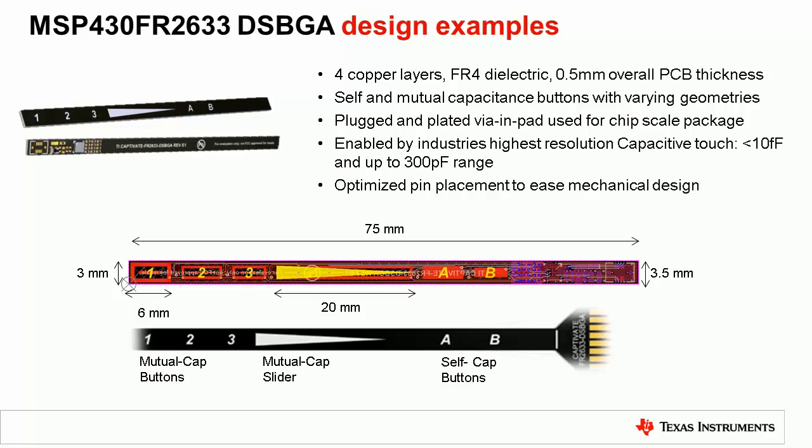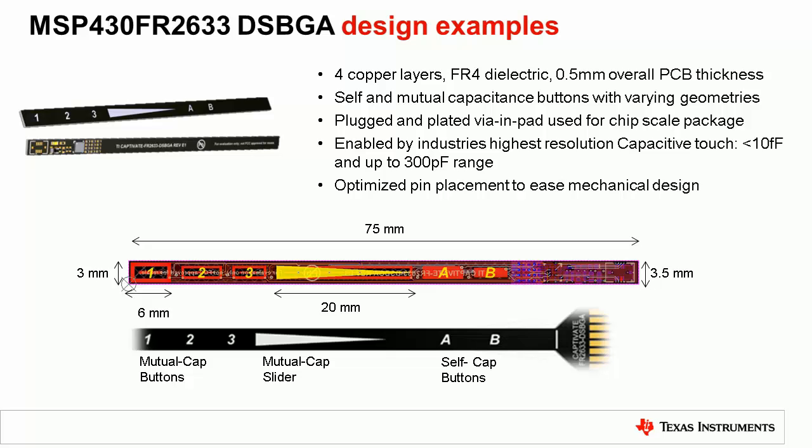Here's a little bit more elaborate design showing 3 mutual capacitance buttons, 1 mutual capacitance slider, and 2 self-capacitance buttons. The PCB is actually 75 millimeters long by 3 millimeters wide, and it's a 4-layer board again with a thickness of 0.5 mm.